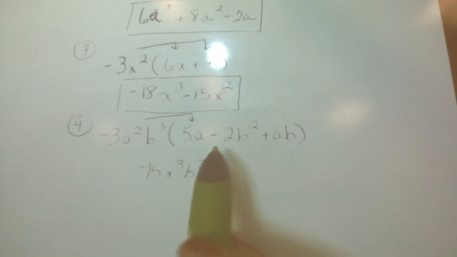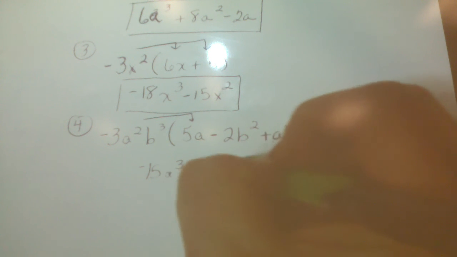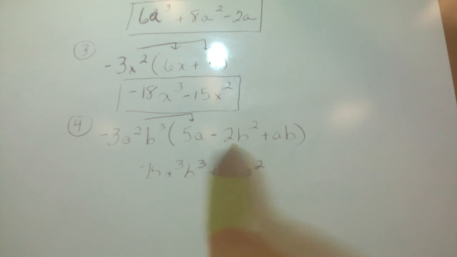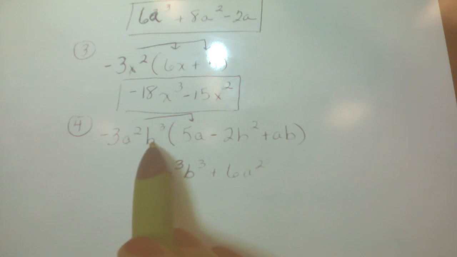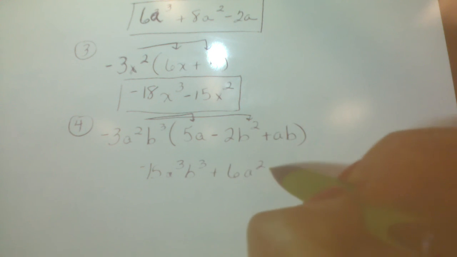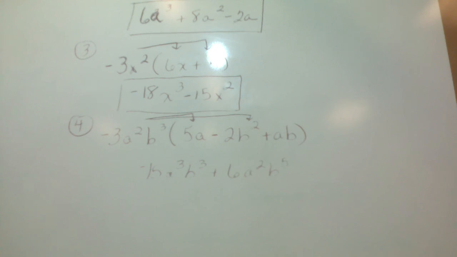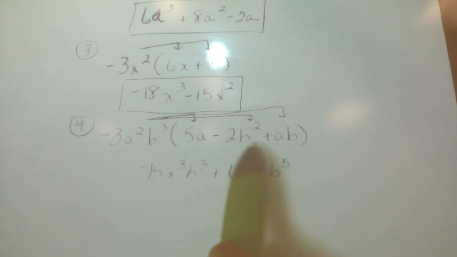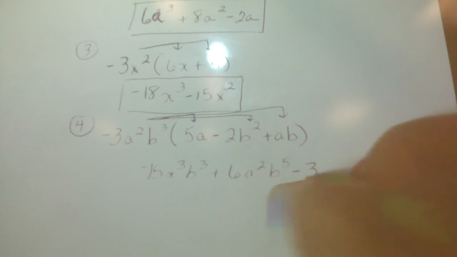Negative 3 times negative 2, that's going to give us a positive 6. I don't have any a here, so I'm going to bring down that a squared. b cubed times b squared, add those exponents, that's giving us b to the 5th. And then negative 3 times 1 is a negative 3.